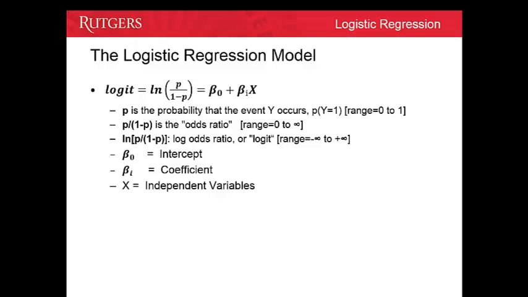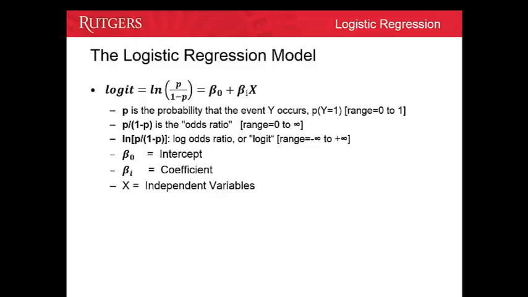Because it is a probability, the range is from 0 to 1 for p. The odds ratio can go from 0 to infinity, while the log of the odds ratio, or the logit, can range from minus infinity to plus infinity.